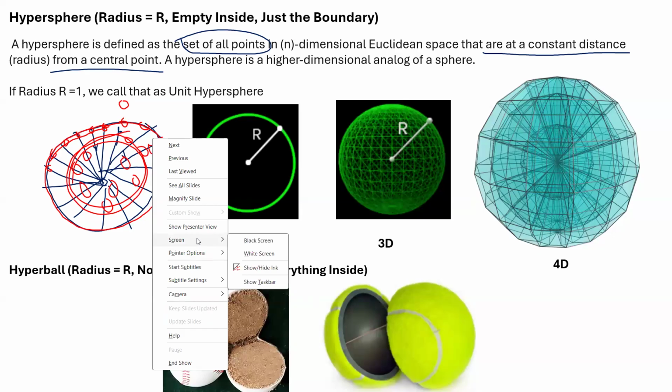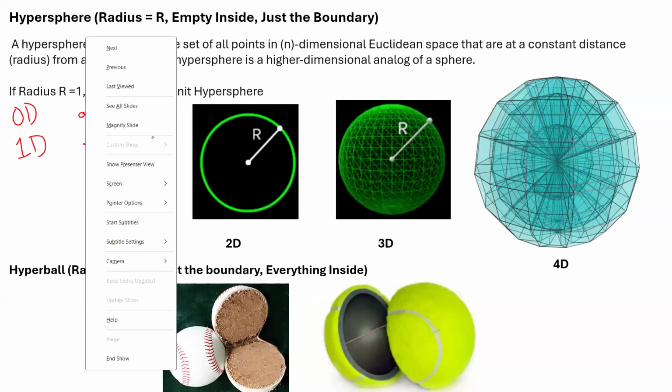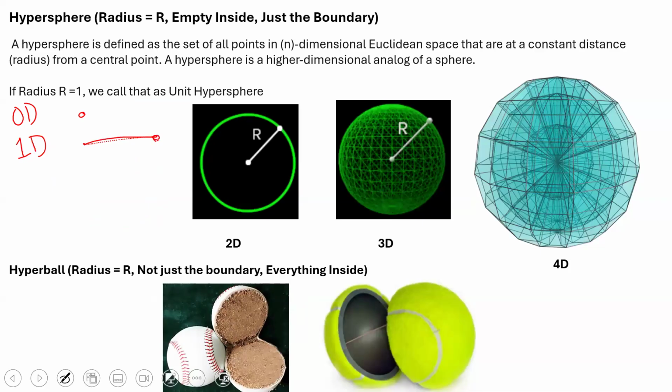Now let's look at hypersphere in different dimensions. When it comes to zero dimension, it is just a point. When it comes to 1D, it is just points at distance R, so it forms a line.